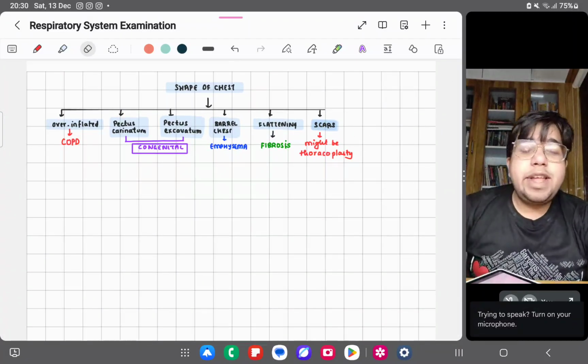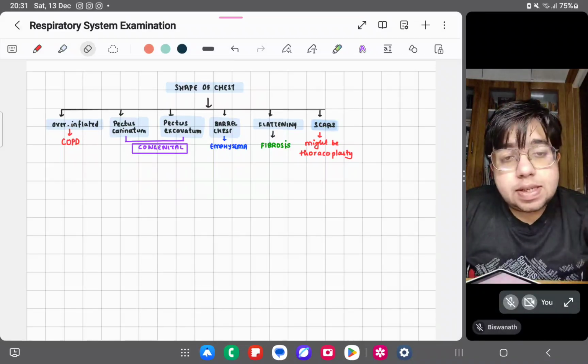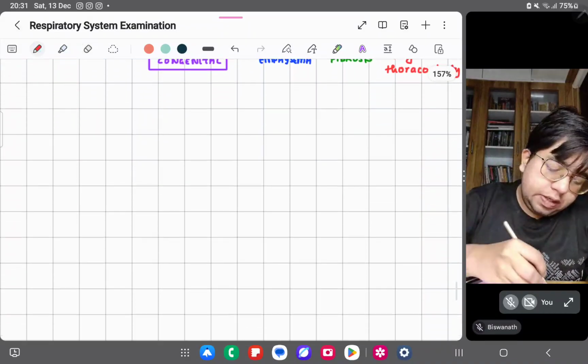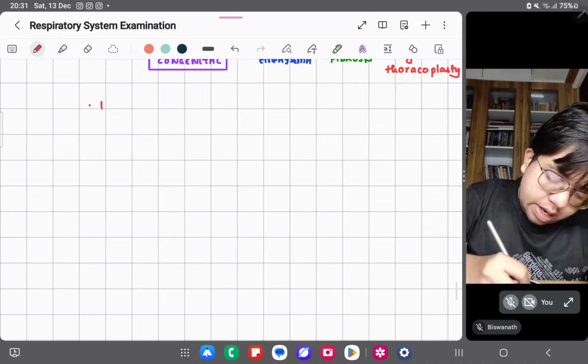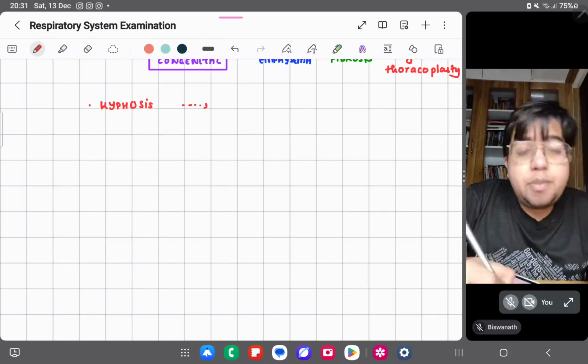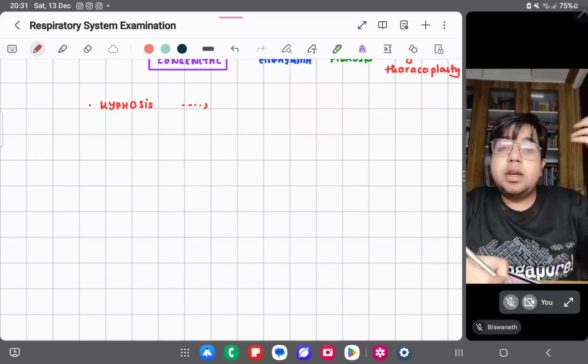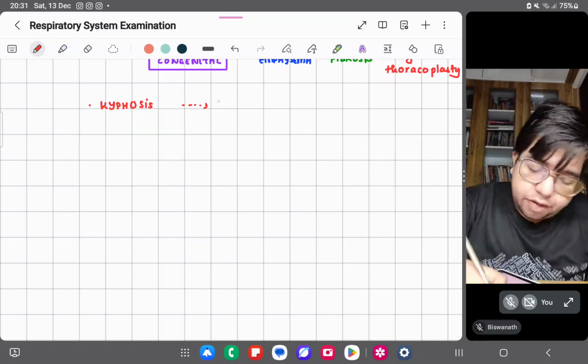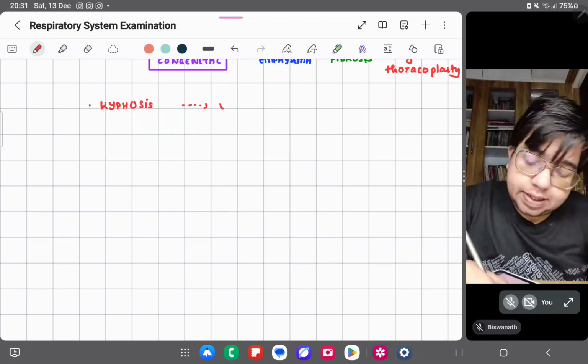If there is a patient with kyphosis, scoliosis, you know, kyphosis will indicate a form of vertebral disease. In case of kyphosis, it occurs commonly in vertebral diseases.